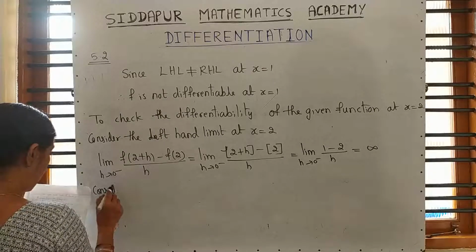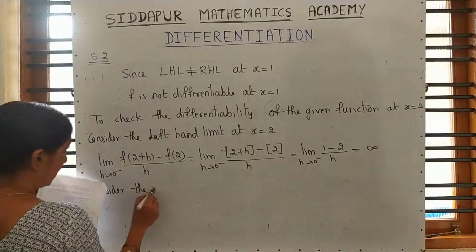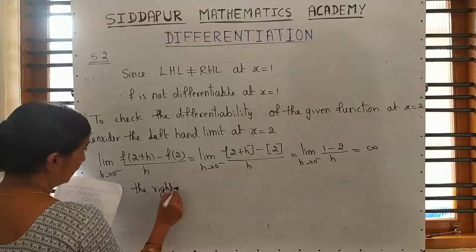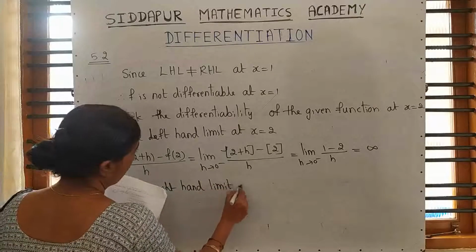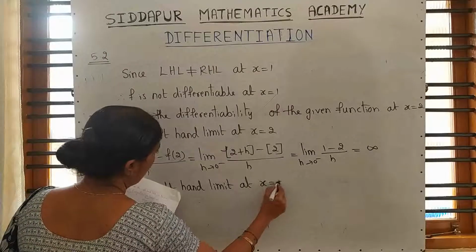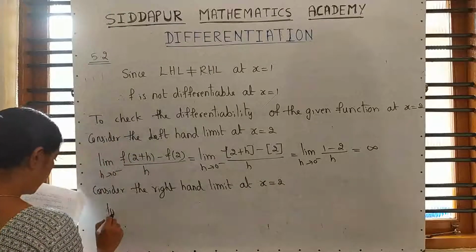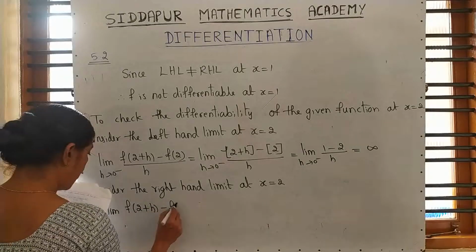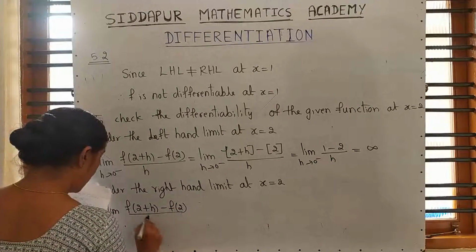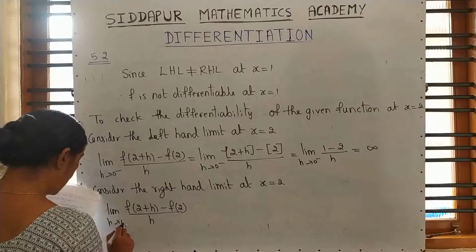Next, consider the right hand limit at x is equal to 2. Limit f of 2 plus h minus f of 2 divided by h as h tends to 0 plus.